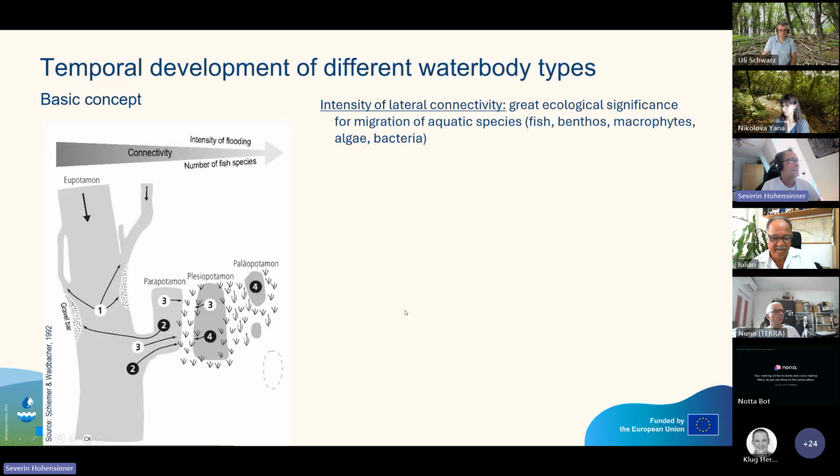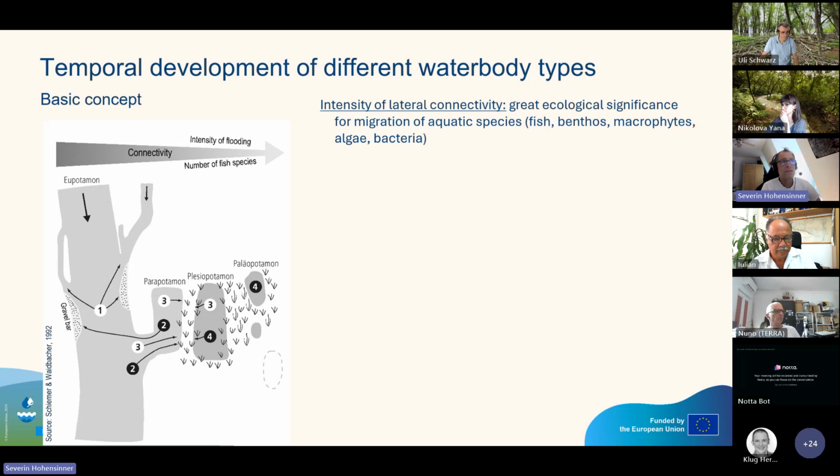First, about the temporal development of different water body types. Uli mentioned it already. The basic concept here is that of the intensity of lateral connectivity, which has a great ecological significance for migration of aquatic species, fish migration, benthos.